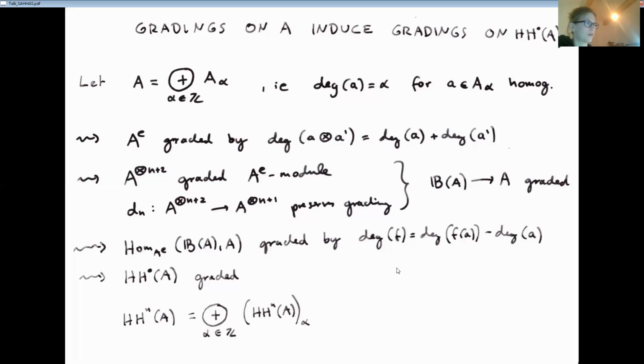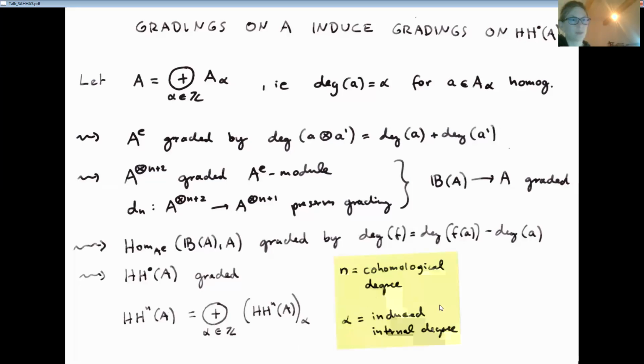So by all of this, Hochschild cohomology obtains a grading, and so it decomposes itself into a sum, now just as a vector space, into its graded components.